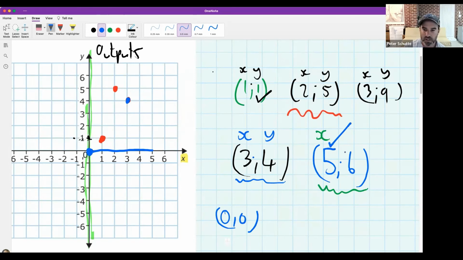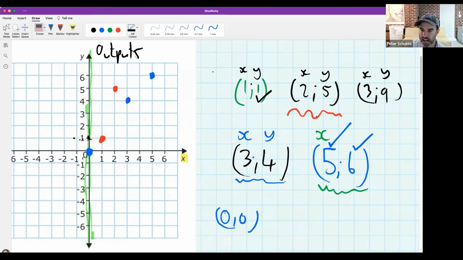But now I still need to go the second part of the journey, which is this 6 over here. And the 6 is the output. And to get to that, I need to go on the y-axis or the vertical line. So I go up by 6. And so this point, the input-output pair 5, 6, is going to be this point all the way up here.